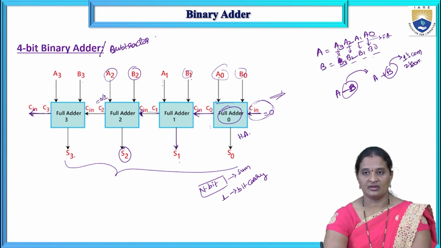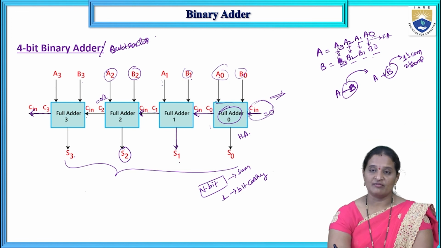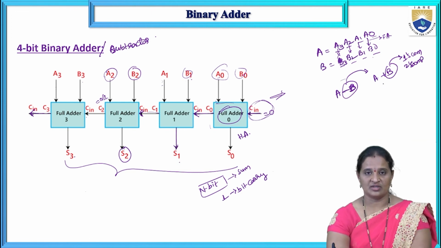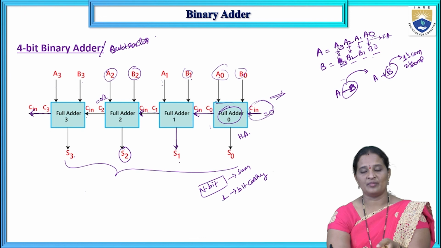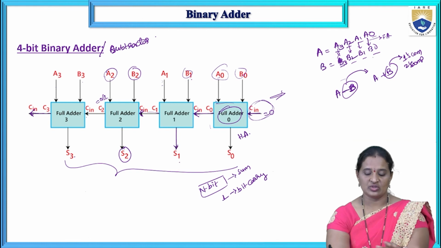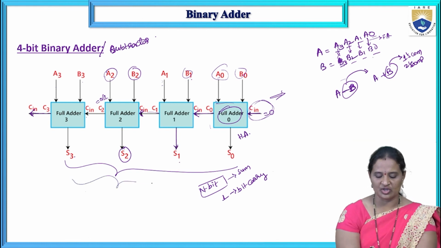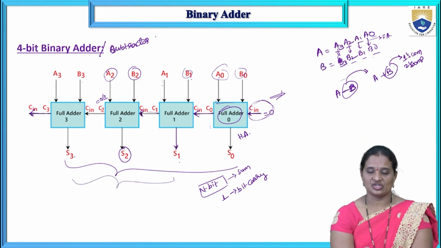That means by converting this negative number into a positive number by taking its complement, we can convert the subtraction into addition. So I can use the same circuit for binary subtraction also. The only thing needed is to get the complement of B.